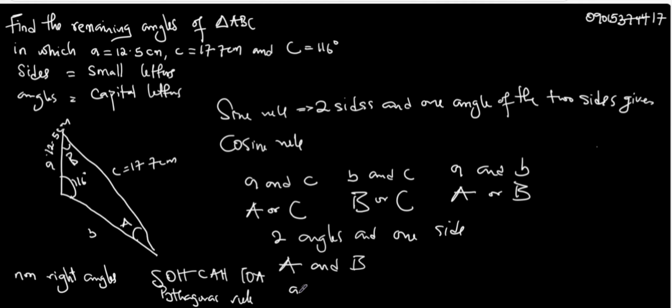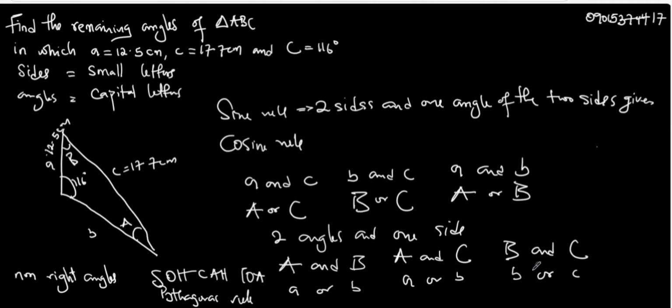So either side A or side B. If we are given angle A and angle C, it means we must be given side A or side C. If we are given angle B and angle C, it means we must be given either side B or side C. So if you are given two sides and one angle, that angle must be one of the angles of the sides already given. So that means we are using sine rule.